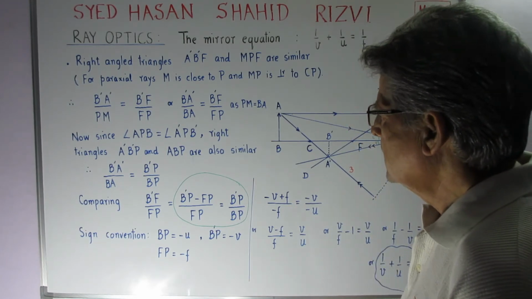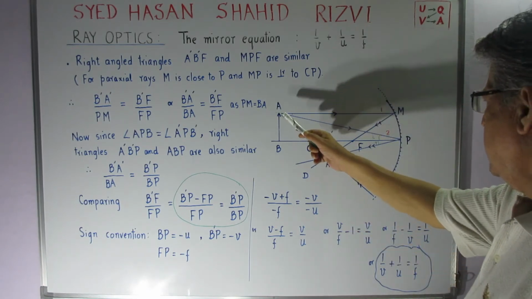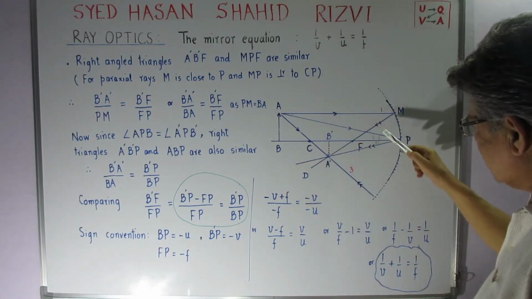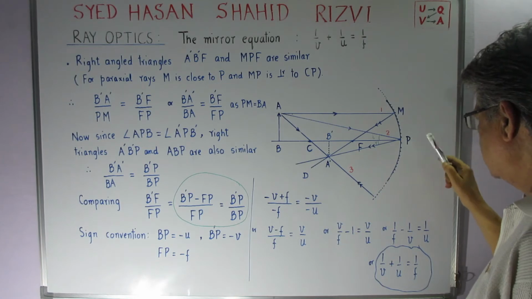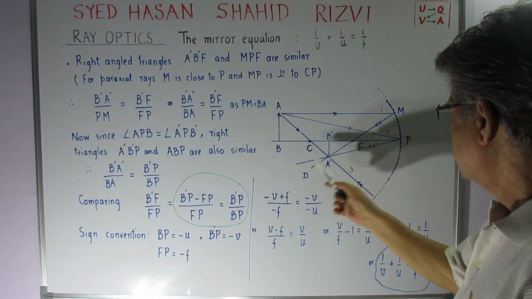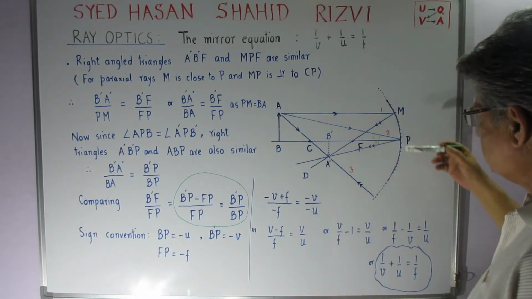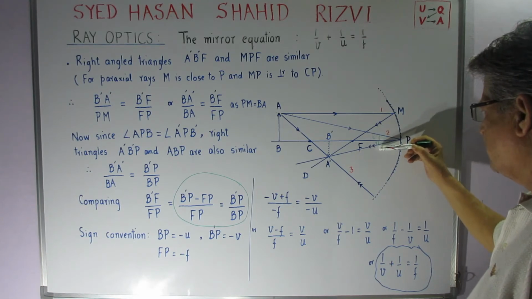Now APB, this is angle I. This ray is coming onto the pole of the mirror and this is going like this. So this angle of incidence and angle of reflection are equal.